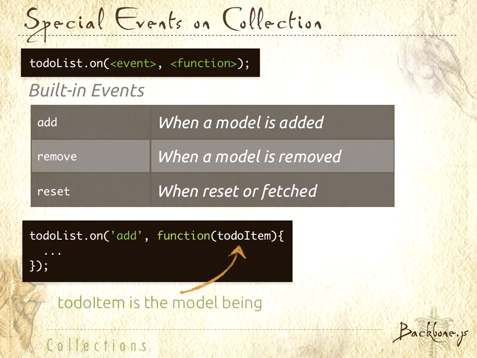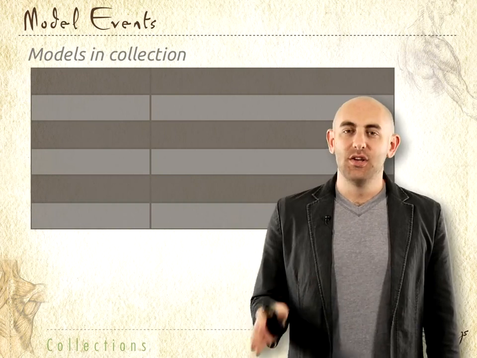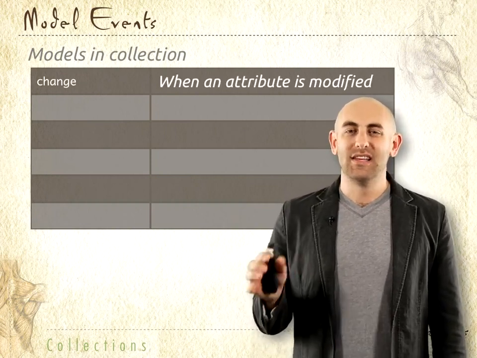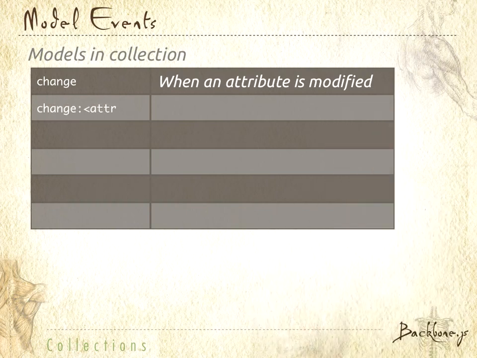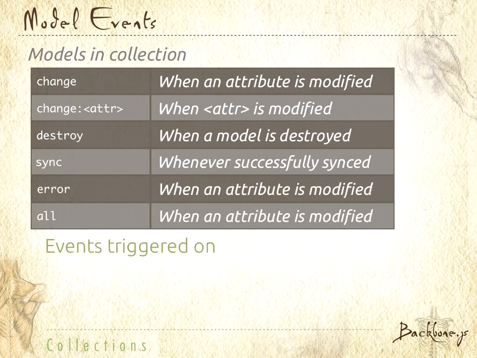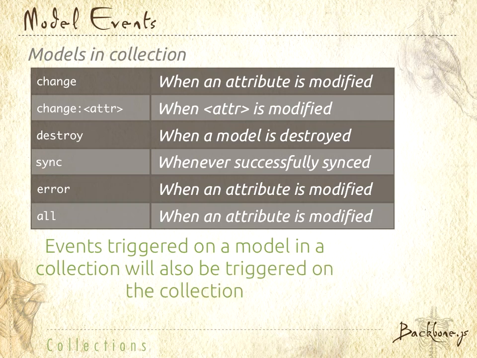When the event function is called, it passes in the model that was either added or removed. On collections, we can also listen to events that are triggered on models. So for instance, we can listen to the change event on any model that is inside of our collection. We can also listen to the change attribute, the destroy, the sync, the error, and the all, and those will all be triggered on our collection whenever they're triggered on the model.